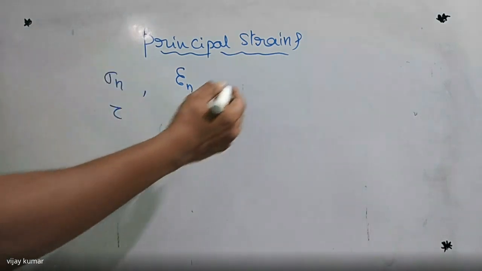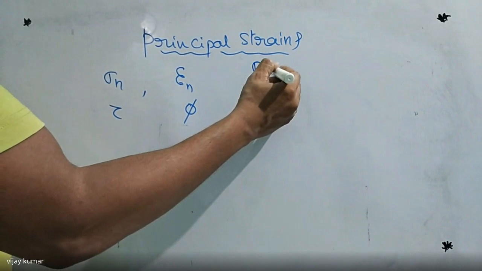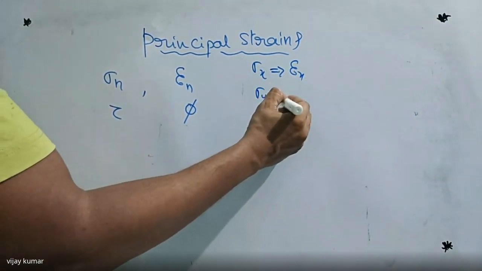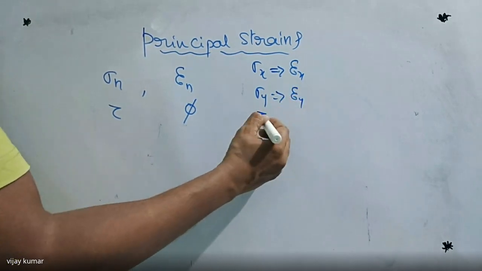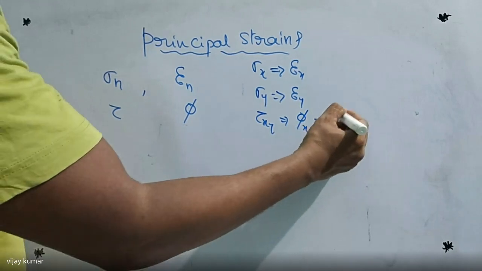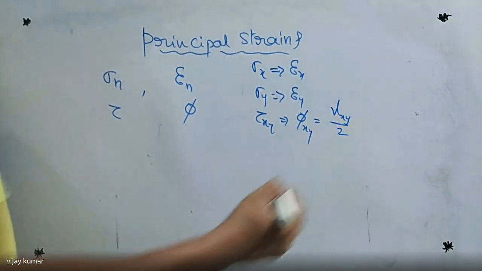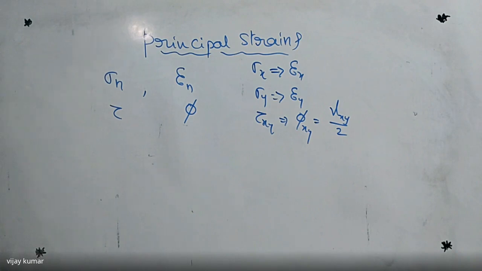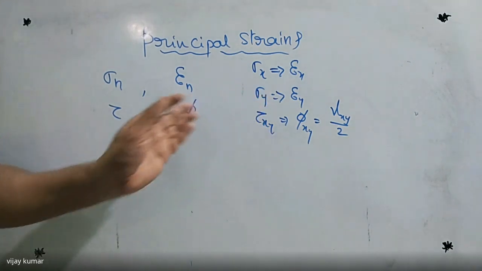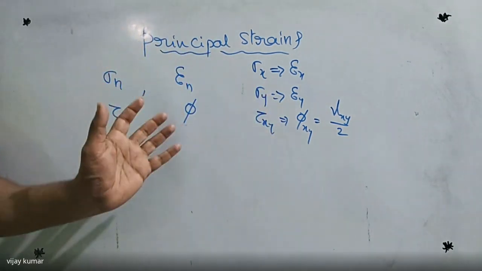So I am going to replace sigma x by epsilon x, sigma y by epsilon y, and tau xy by phi xy, but this phi xy is always equal to gamma xy by 2. That is, the linear strain is always equal to half of the shear strain. Then we can substitute this value in all the formulas, and then we can get the required value. So I will give the explanation tomorrow on how to calculate strains.